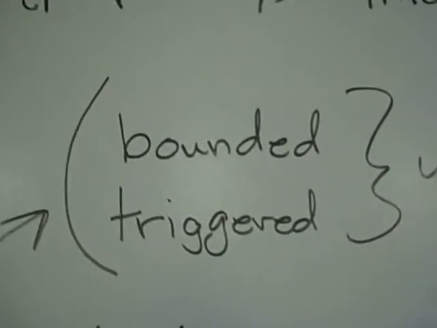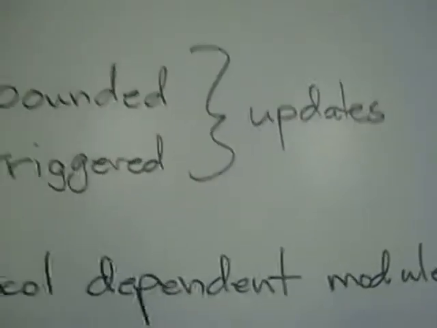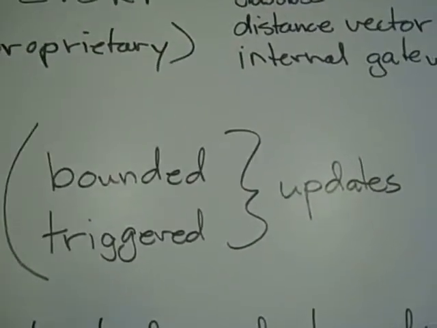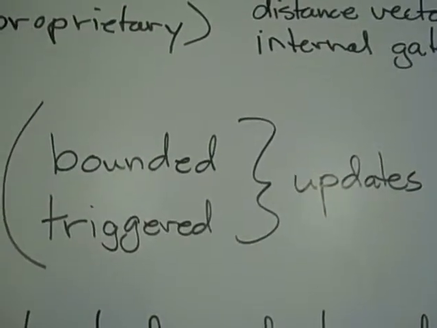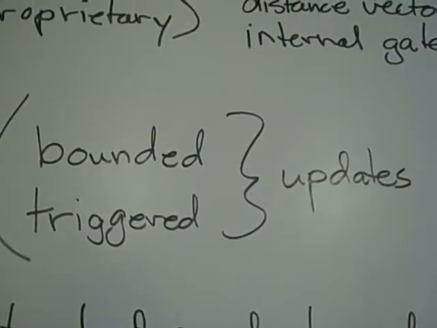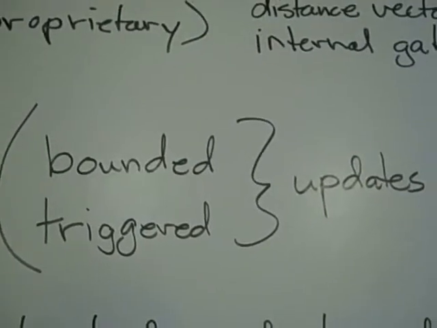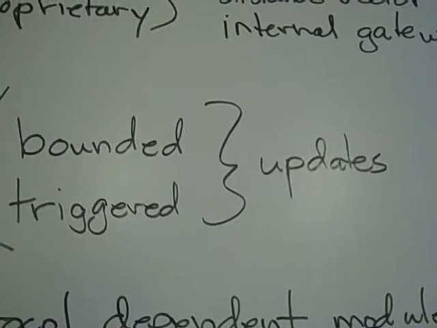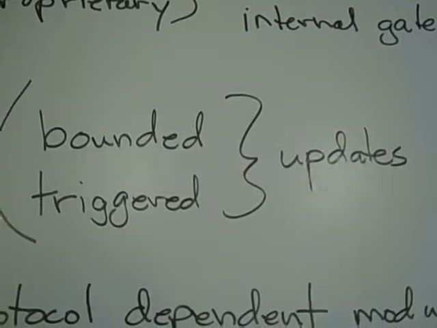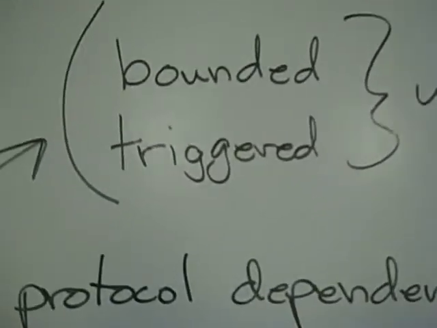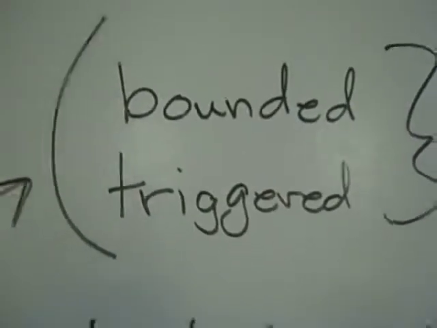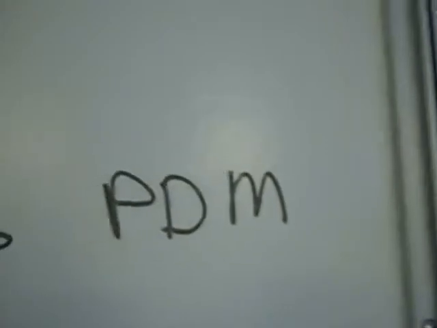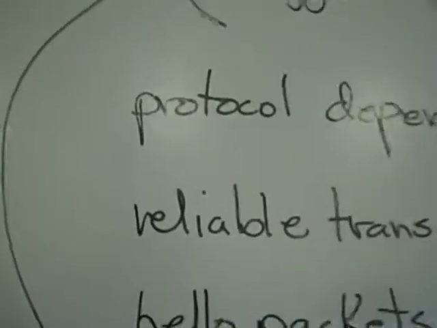So we have bounded or triggered updates. Instead of other distance vector routing protocols that just send the entire routing table at a certain time, this will send only the parts it needs, only at a time that triggers an update. Protocol dependent modules, it's very scalable. I'm not going to go through all the details.